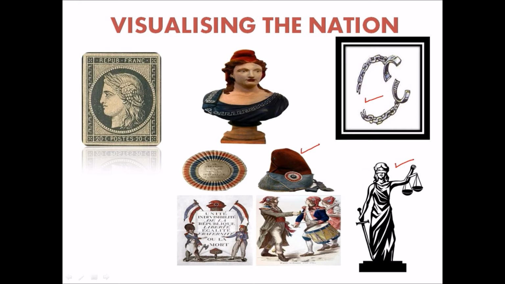In France, the female figure which was used to describe the nation was given the name of Marianne. She was drawn with the characteristics of liberty and the republic, that is, the red cap, the tricolor, the cockade.